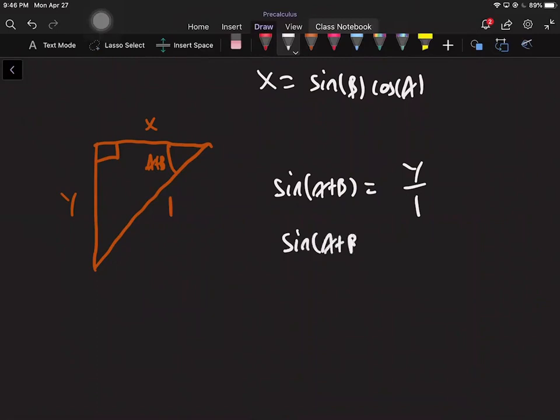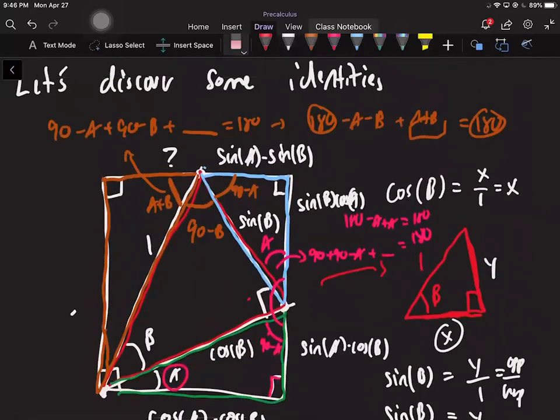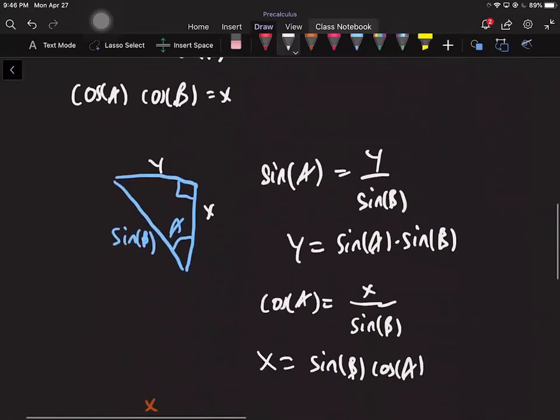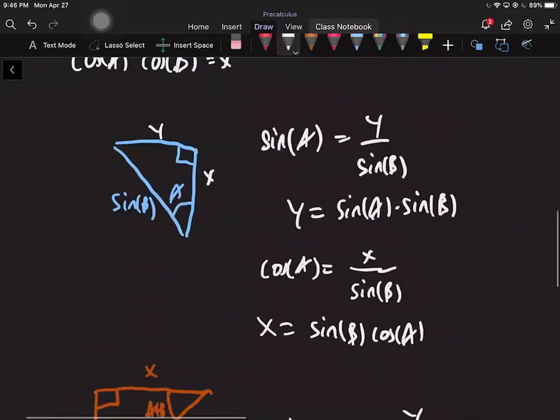So actually it's just sine of alpha plus beta, and that's what y is. And so that tells me that this left side here is sine of alpha plus beta. So it's sort of weird because you're adding the angles together. And then the same technique tells us that cosine of alpha plus beta is the x side over the hypotenuse. So then I can also fill out that top part.